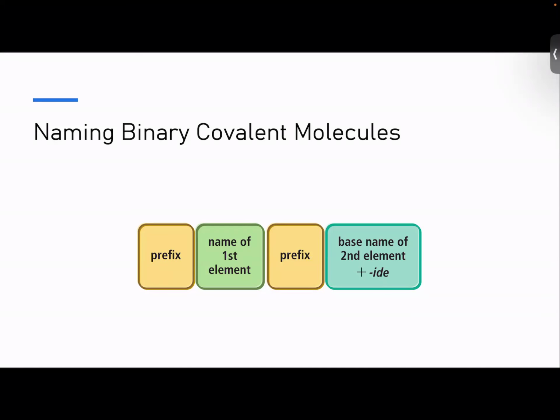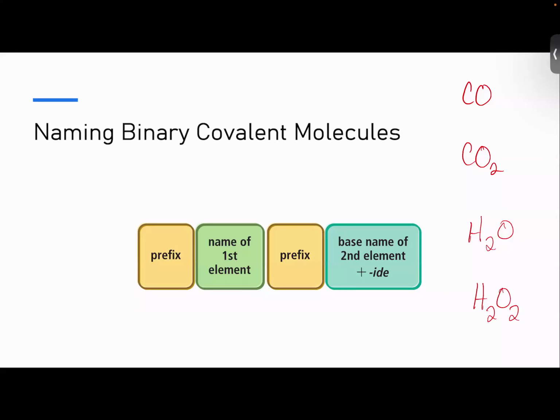What that means is the same two elements can form more than one type of compound. For example, one that I've already given at one time is CO and CO2. Another one that I've given is H2O and H2O2.